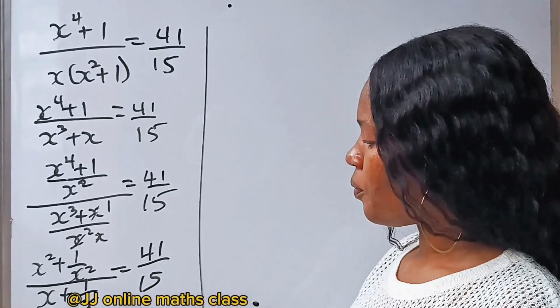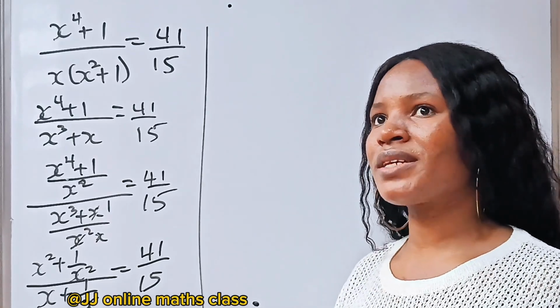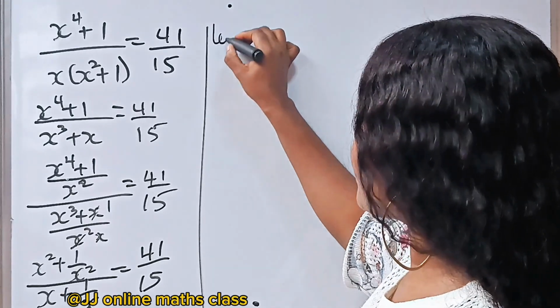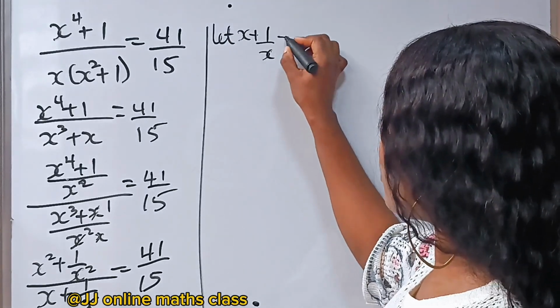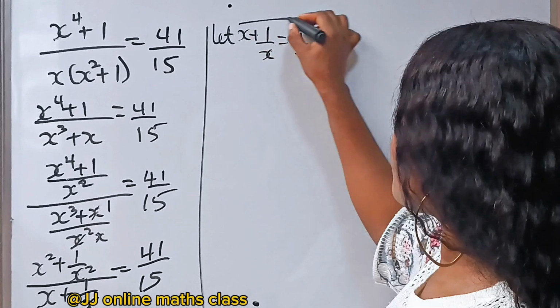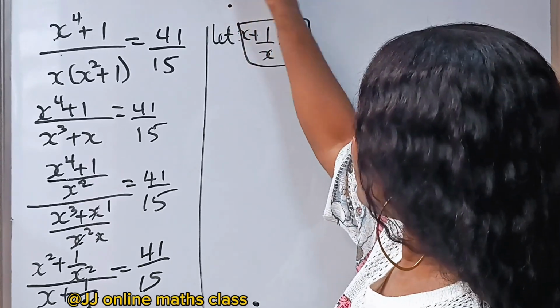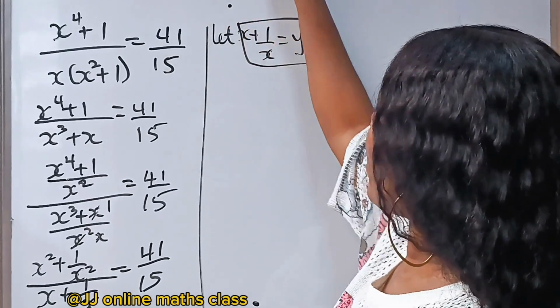Now let's call x plus 1 over x something like y. So we say let x plus 1 over x equal y. This is a very important equation, which I'm going to write somewhere in case I clean it: x plus 1 over x is equal to y.